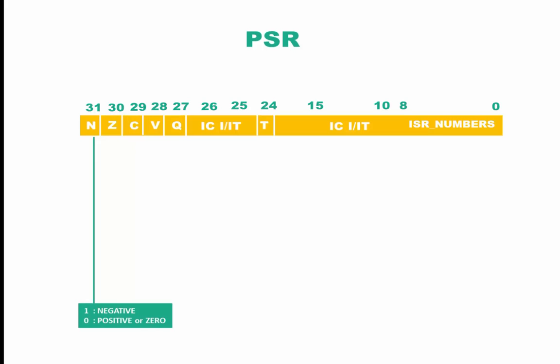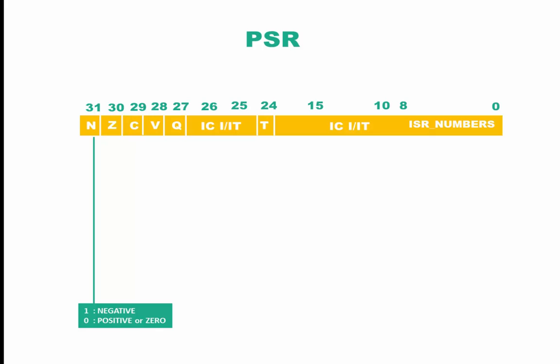In general, the negative bit is set after an arithmetic or logical operation. This is used to show whether the result of an operation is negative or not. So, if you perform an operation and you read the N bit and the N bit returns a value of 1, this signifies that the result of that operation is a negative value.